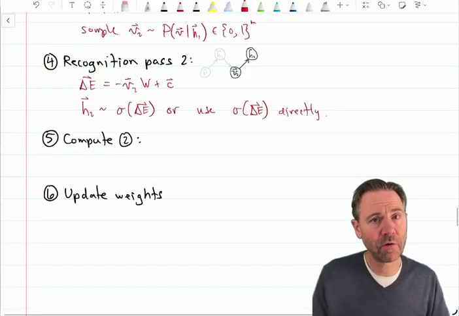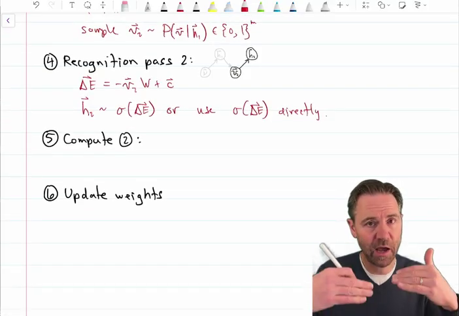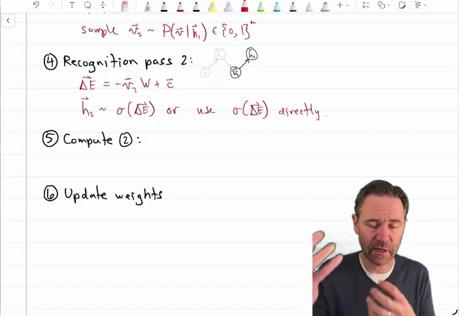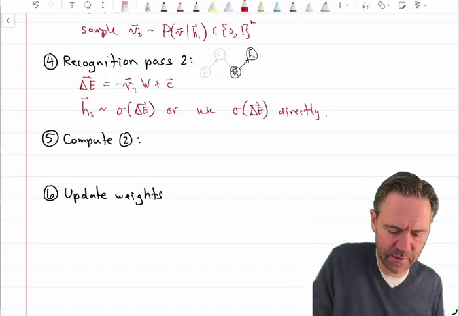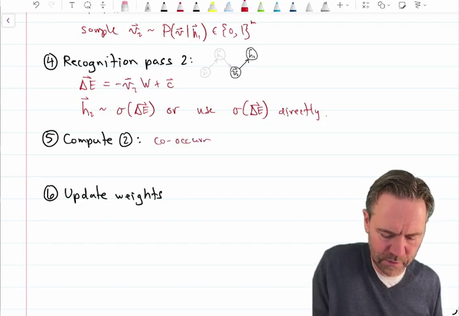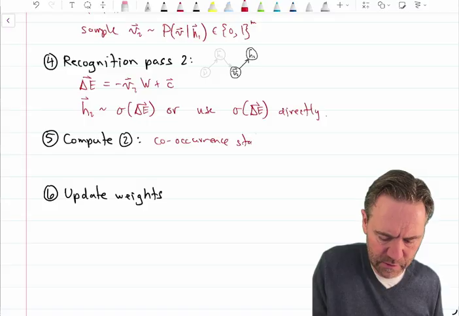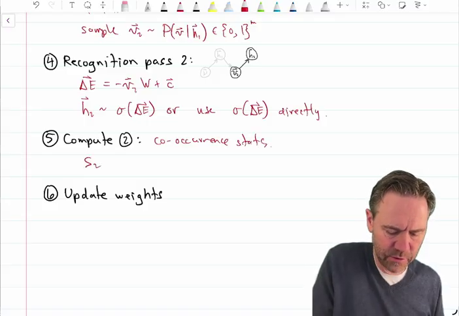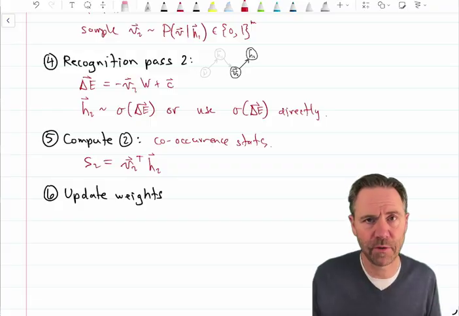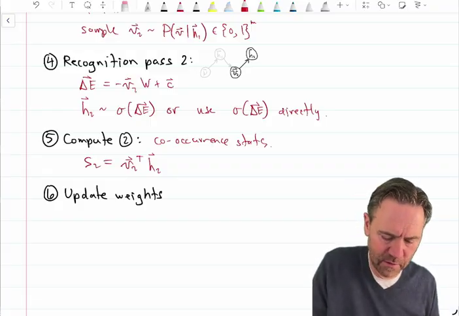Okay, so we compute the co-occurrence statistics again, right? Because we now had a V to H recognition pass, so we can look at the correspondence between those two states. Co-occurrence stats. We'll call it S2. It's going to be V2 transpose times H2, whether that be the Bernoulli probabilities or the binary sampled Bernoulli states.